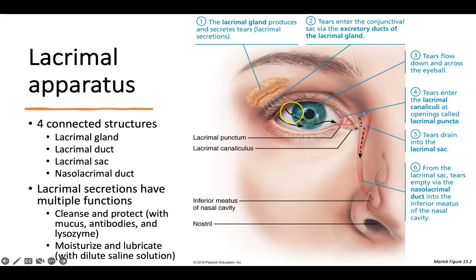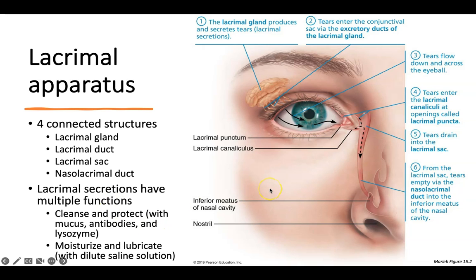This funnels those tears over the surface of the eye to the lacrimal sac, which is on the opposite surface, so it's on the medial side of the eye. And the lacrimal sac is where the tears drain into the nasolacrimal duct, which allows them to flow down into the nasal cavity.